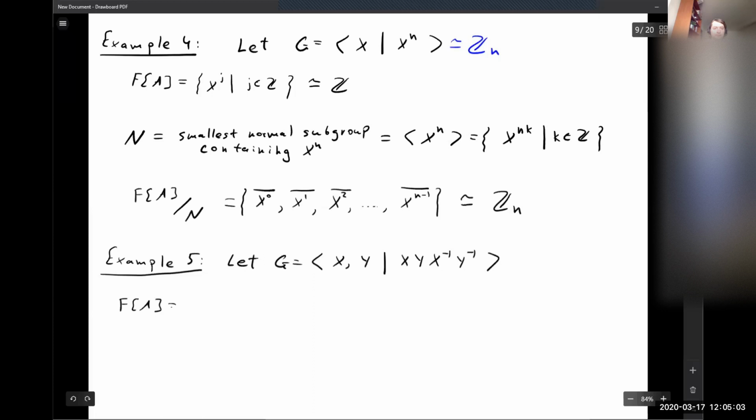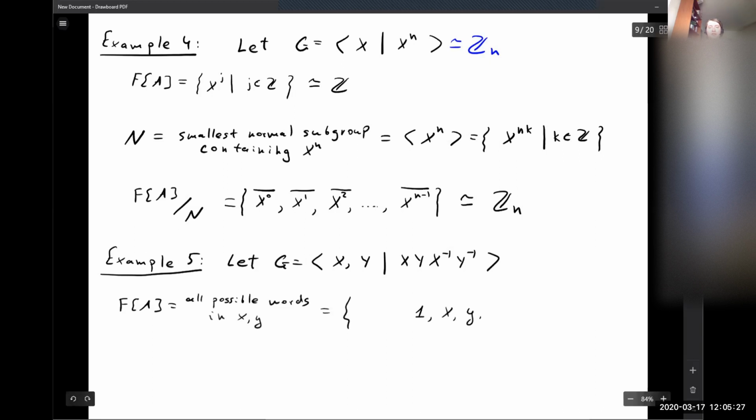So F of A, what will it contain? Well, it will contain, of course, all possible words in x and y. So we'll find the empty word, which is the identity.